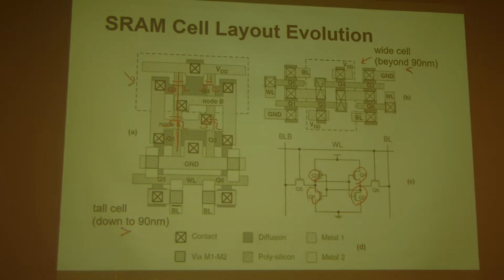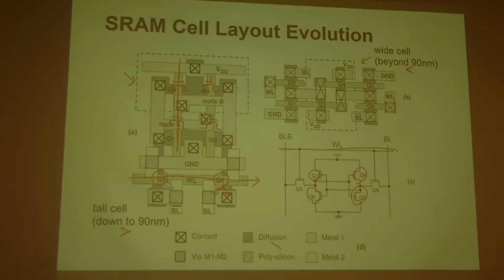And then in this design, the difference is that the gate direction is different here. The gate is horizontal. This gate actually is the word line. And then you have Q5 and Q6. Oh, sorry.